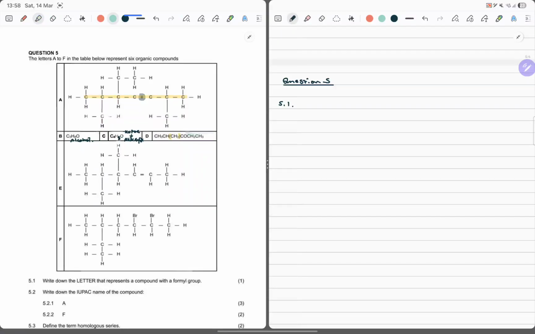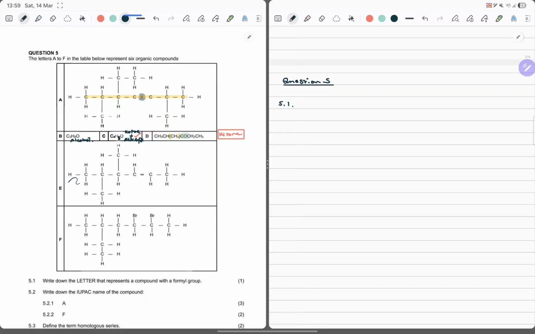If you look at this, the O is in between two carbons, and because there's only one oxygen inside the chain, it can only be a ketone. And if this is a ketone, most likely the other one is going to be an aldehyde. Again, we're not sure, but we are sure about D. It can only be a ketone.